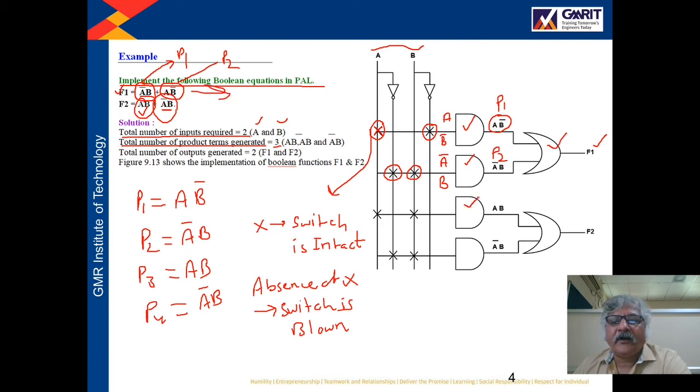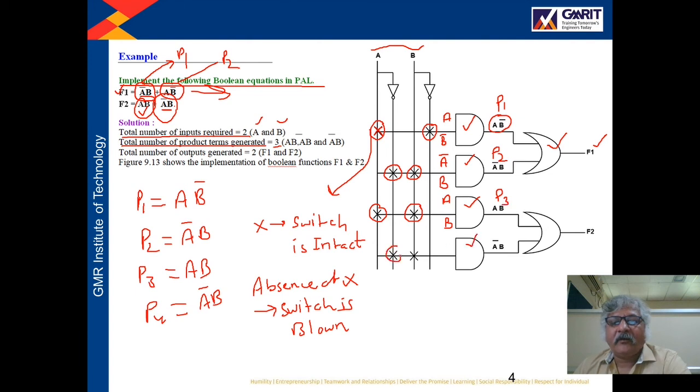Now come to the third AND gate. The cross here indicates that A is available to the input of the AND gate because the switch is intact. The cross here indicates B is available to the input of this AND gate, right? So this AND gate will generate product term number 3. Now come to this AND gate.